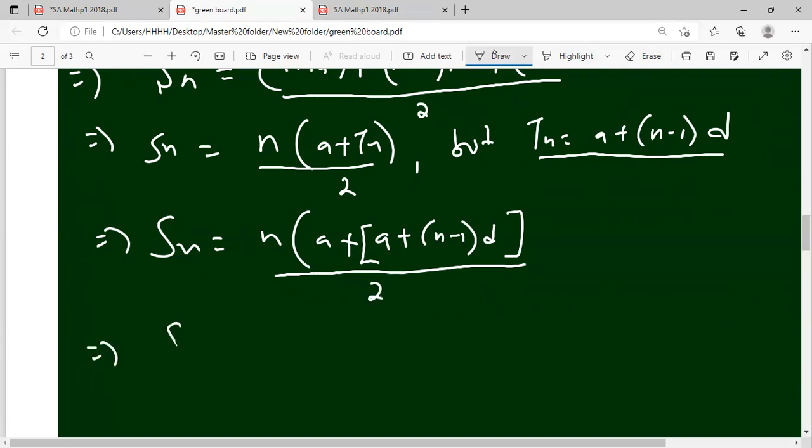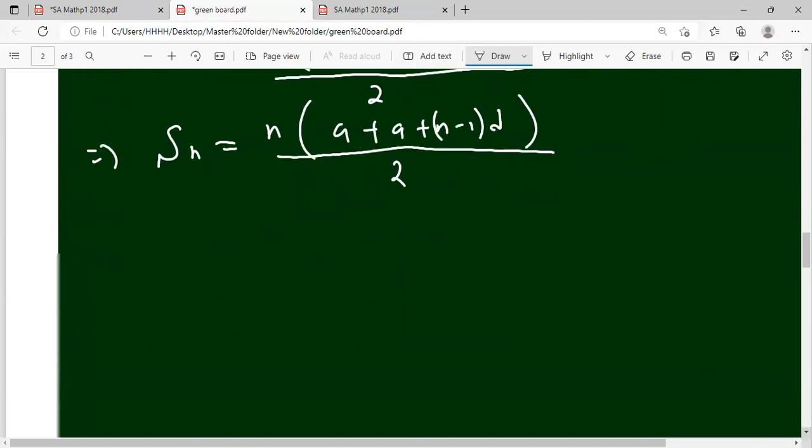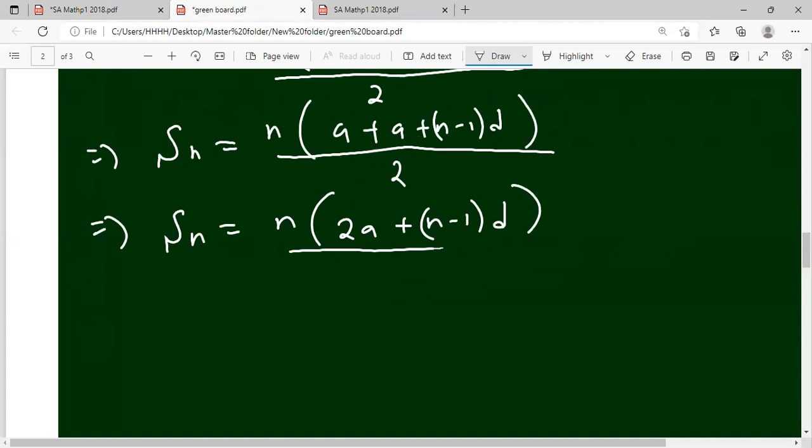So this implies that Sn is equal to n, open the bracket, 2A plus n minus 1 d, everything divided by 2.